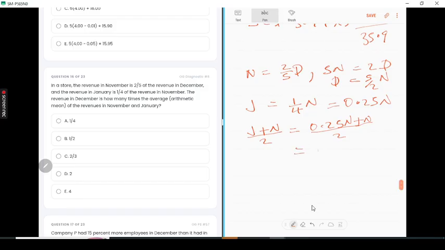Remember that if we take n aside, we have 0.25 plus 1, then divided by 2. 0.25 plus 1 is 1.25.